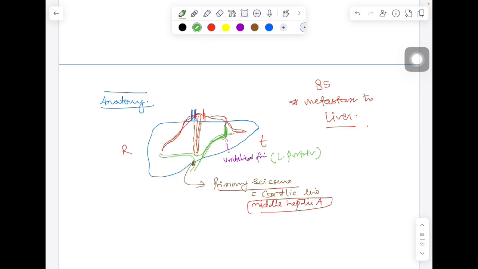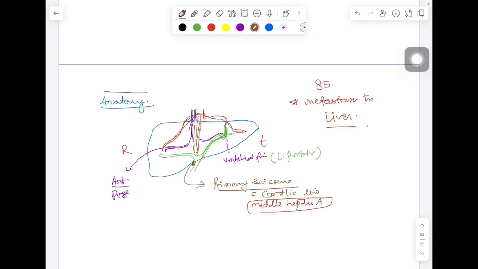Now on the right side, when we talk of the venous system, all veins will go to the IVC. So right, left, everything goes to the IVC. The right hepatic vein and right hepatic artery divide into two parts, anterior and posterior. So the right side is an anterior posterior division, the left side is a medial lateral division.